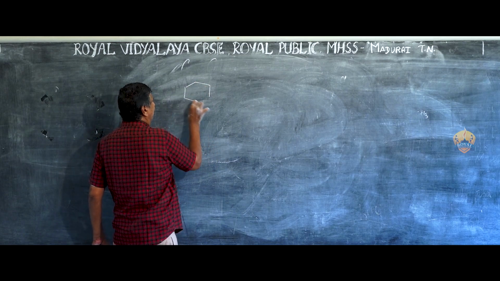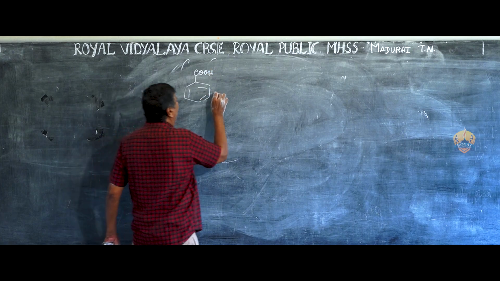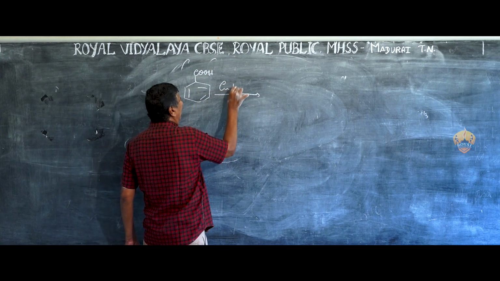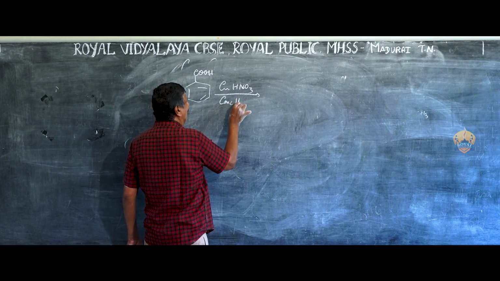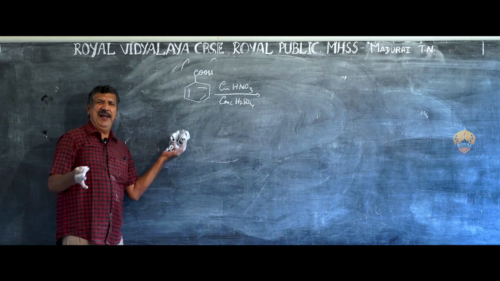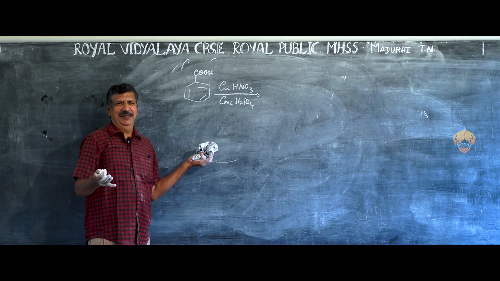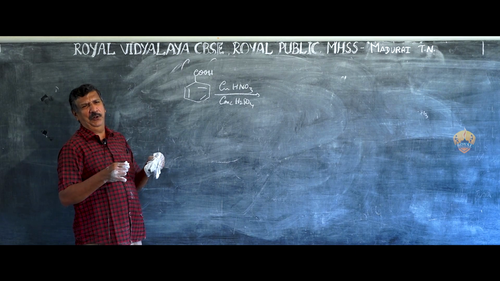Then benzoic acid with nitration. I already told you how to understand this reaction. It belongs to electrophilic substitution, and this acid group is a meta-directing group.